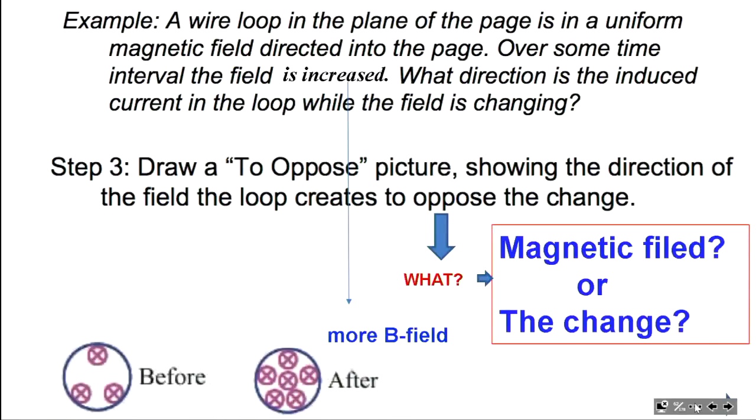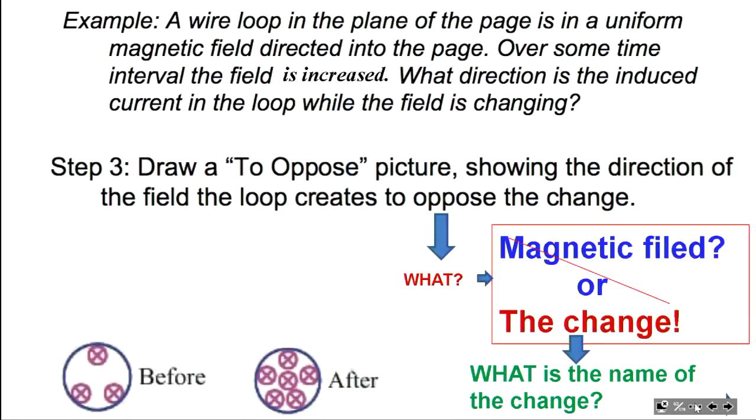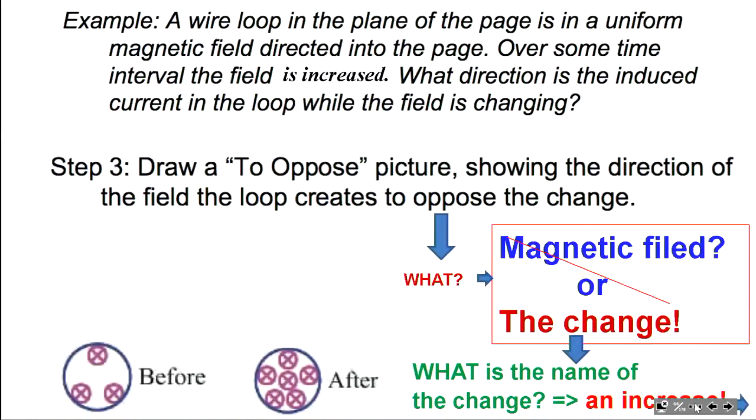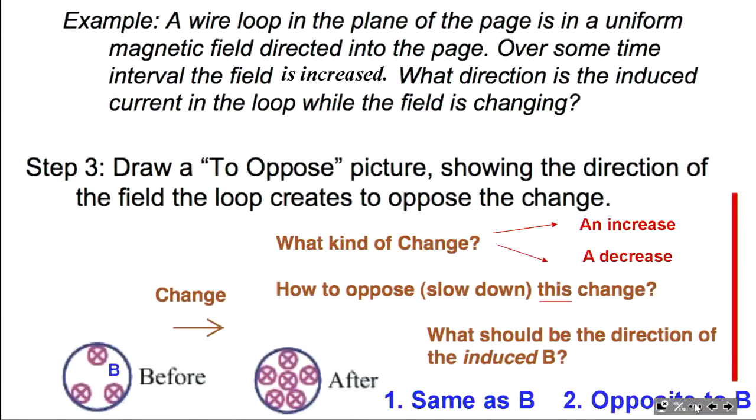Now we have to draw the picture which says to oppose, that word, to oppose. What should it oppose? It should oppose the change happening to the external magnetic field. So what is the name of that change? An increase. To slow it down, what should we do?